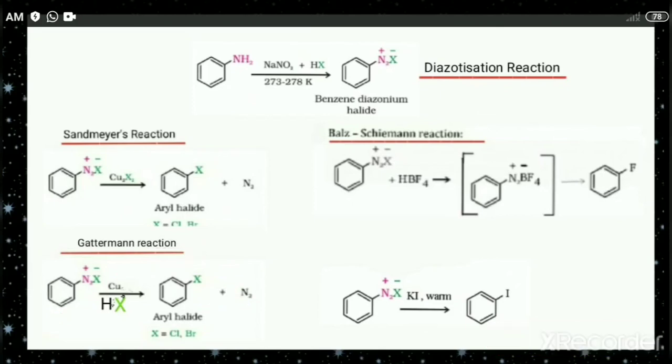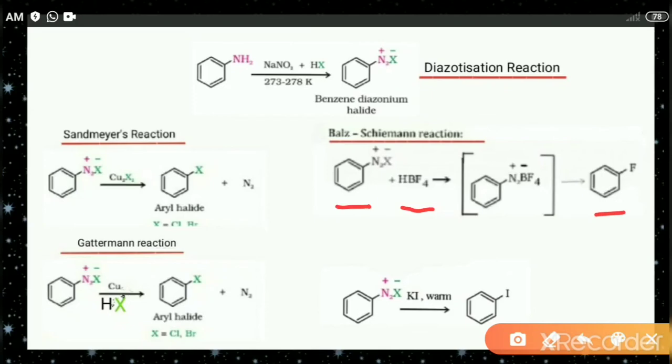In the next reaction, benzene diazonium chloride treated with HBF4 gives a fluoro compound. This reaction is called the Balz-Schiemann reaction. That means we get fluorobenzene by this method. And in the last method, benzene diazonium chloride or halide is treated with KI.